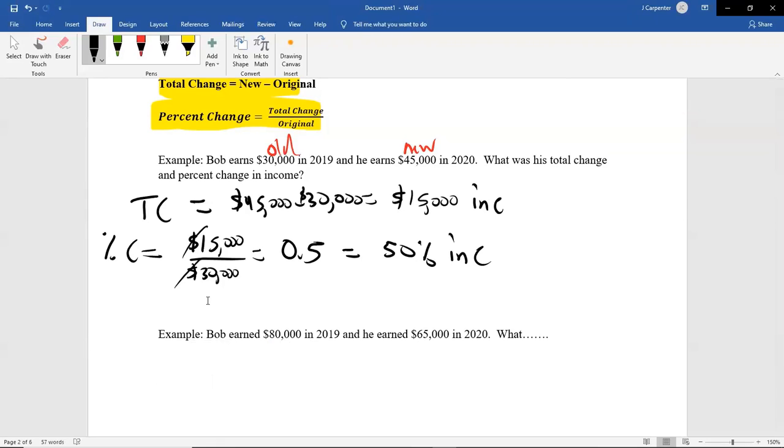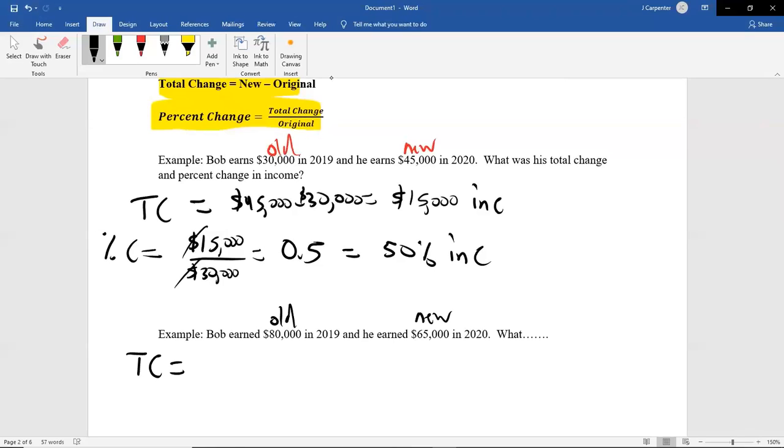All right. So our total change is going to be the new minus the old. The newest thing minus the oldest thing. In 2019, the larger number, the 80,000, was actually the old, and the smaller number was the new.